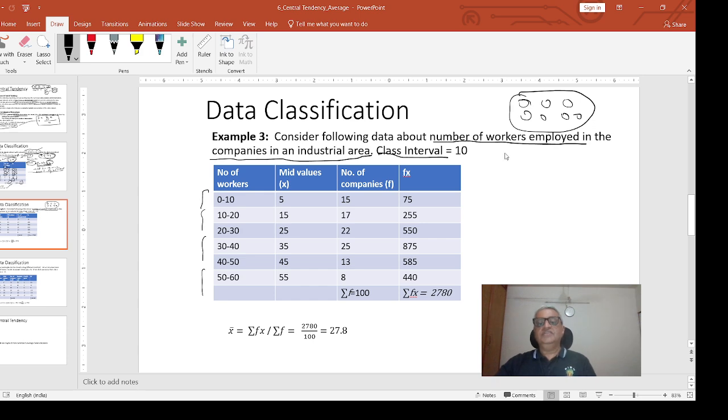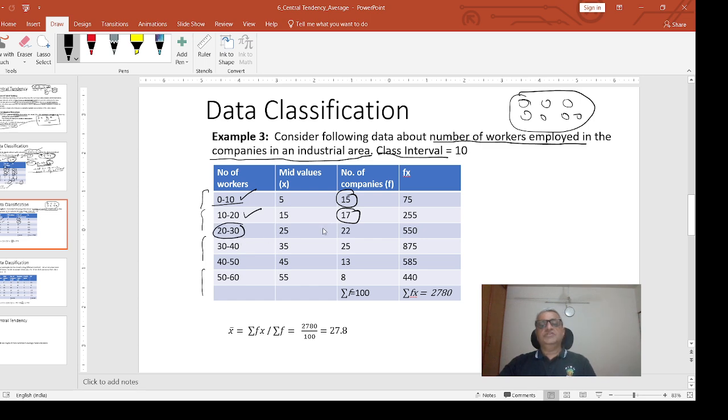I have to find the average number of employees employed by a company. Let's go through the data. 0 to 10 workers are employed by 15 companies, and 10 to 20 workers are employed by 17 companies.